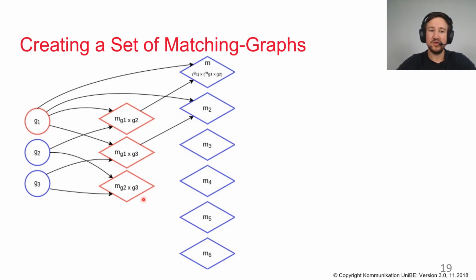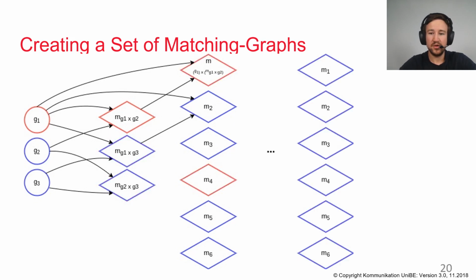However, they are only added if they do not already exist in this set. We then continue to iteratively create the matching graphs by always selecting 4 random graphs of the already existing set, and we continue this iterative process until no new graphs are added to the set.